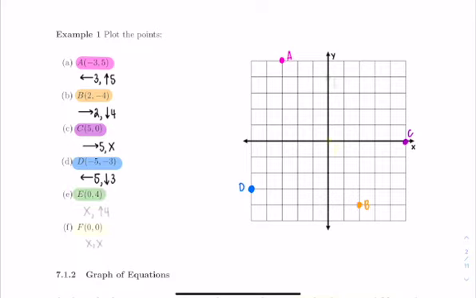Let's go ahead and look at E. This time we have (0, 4). So we're not moving anywhere in the x direction or the horizontal direction, but we will be moving up 4 units in the y direction. So from the origin, we're just going to move up 4 units.